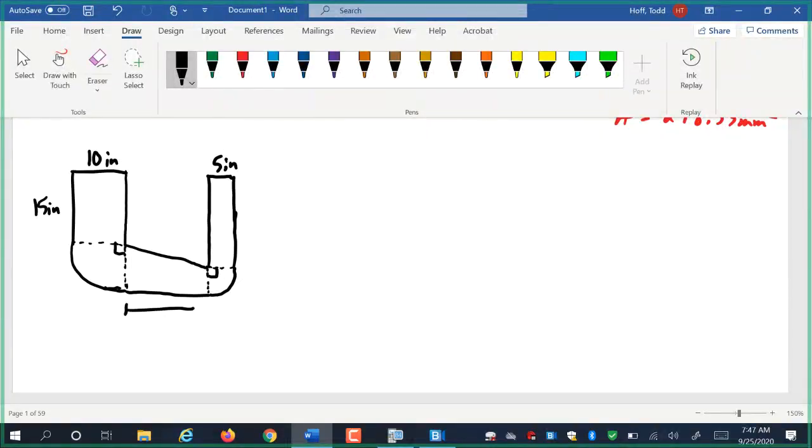That's going to be 5 inches. This is going to be 16 inches.